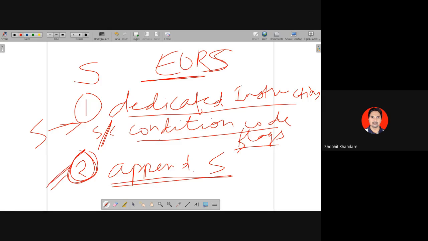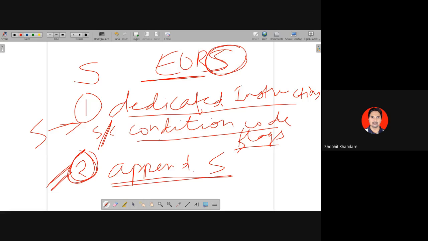If there is a reflection in the condition code flag, then definitely it will show the reflection in the condition code flag, because S is appended.